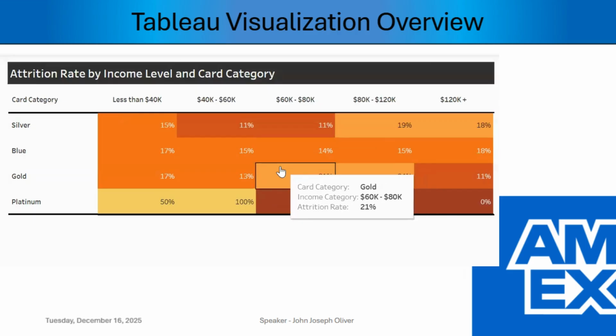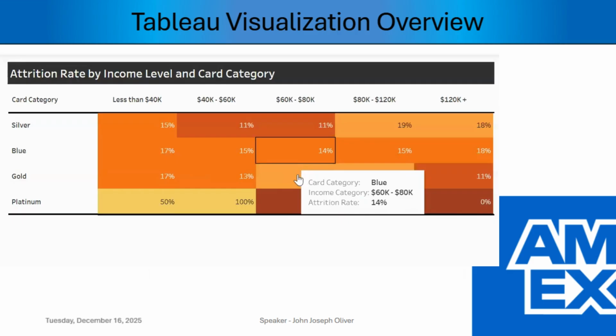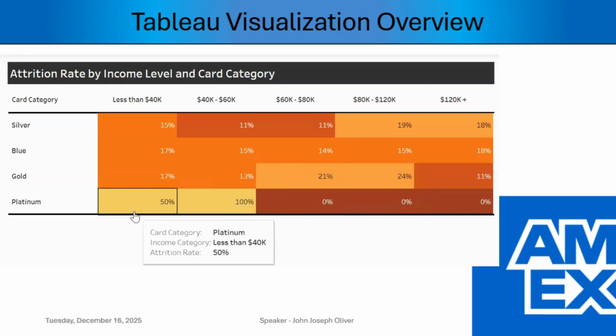What we learned from this graph is that attrition rate varies based on the income level and card tier. Blue and silver are consistent throughout income level, while platinum has white and is the highest and also lowest attrition rate based on how much income you have. This shows a potential mismatch between product type and customer affordability.